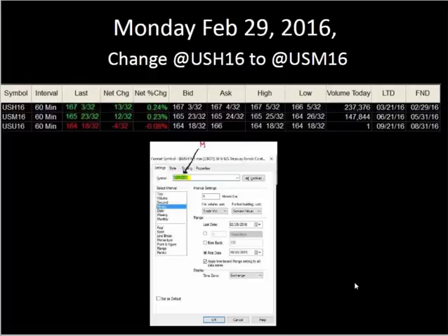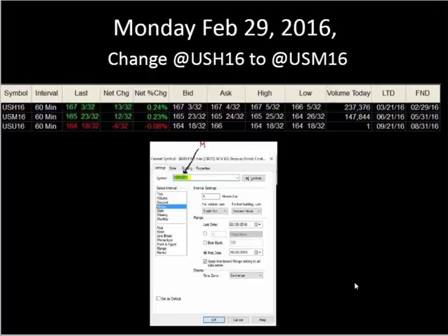I think you can see the volume today in March was 237,000, in June it was 147,000, and in Sep there was one traded. So basically you obviously want to trade in either March or June. Now, the last trading date for March bonds is March 21st, 2016. But the first notice day, that's when they start giving delivery notices, is February the 29th.